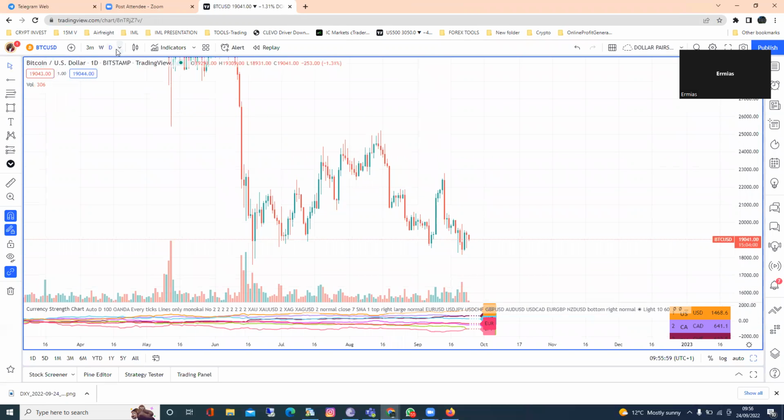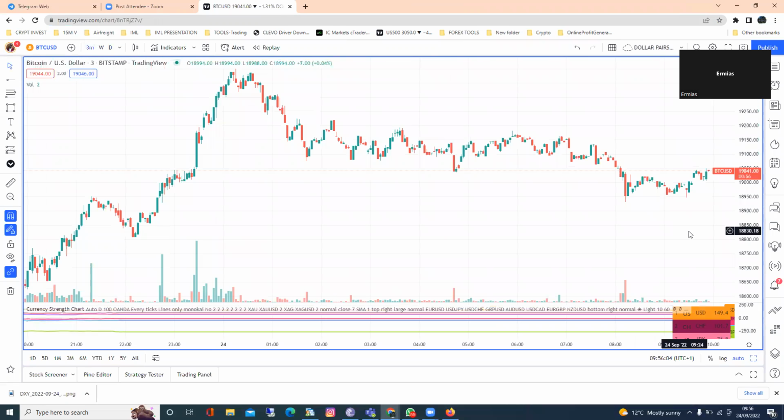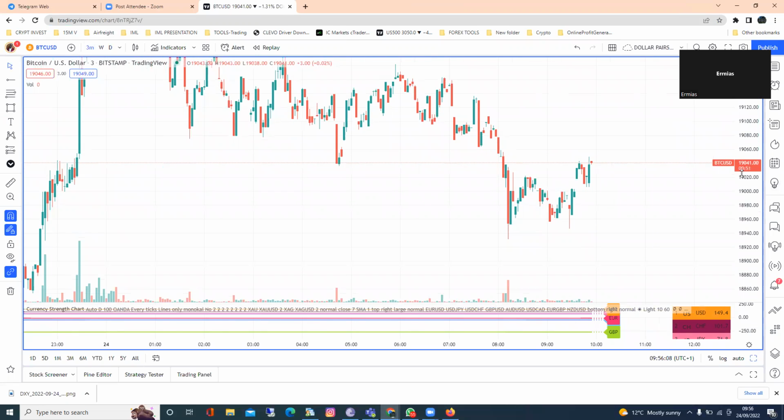All right, and let's say we are looking at price, and the current price is 19,041.00. You can see the time, this is 40-something seconds, price still hasn't moved for whatever reason. So a pip is not big.